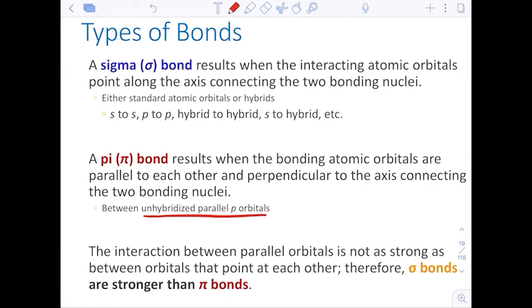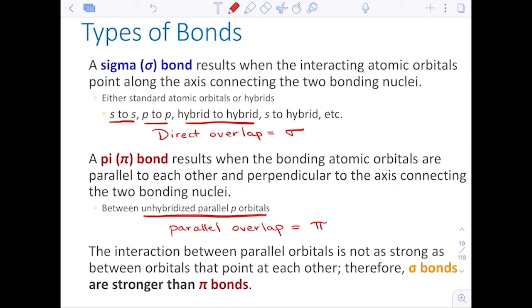A sigma bond can be unhybridized, like we had talked about with S's and P's, but they also could be hybrid to hybrid or hybrid to s orbital, etc. This is the direct overlap, which was what we called sigma. This is the parallel overlap, which we call pi.